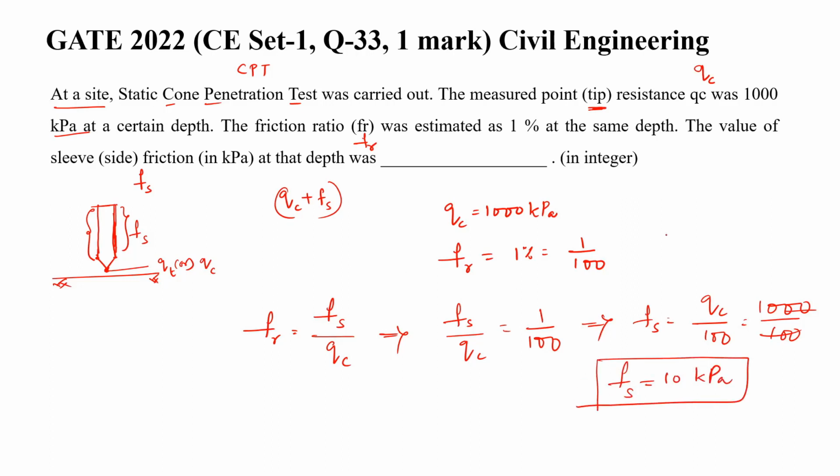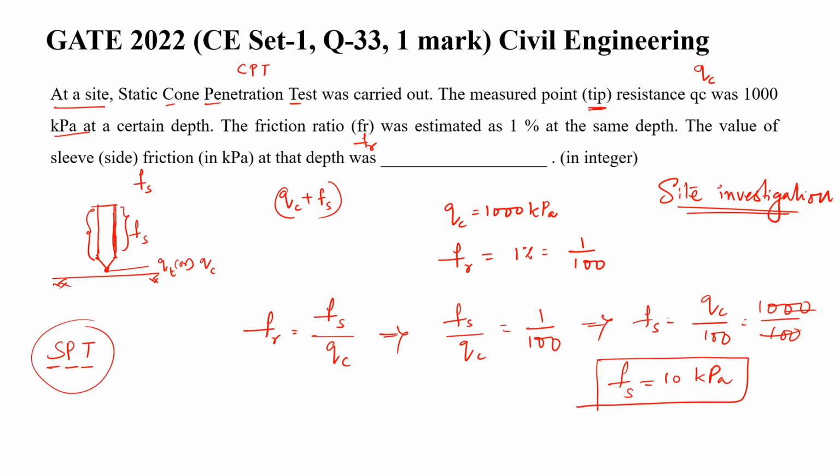So this comes under site investigation, because these are in situ tests. You might have heard of the SPT, the standard penetration test. This is also a field test. These tests are done to find out the strength parameters of the soil.